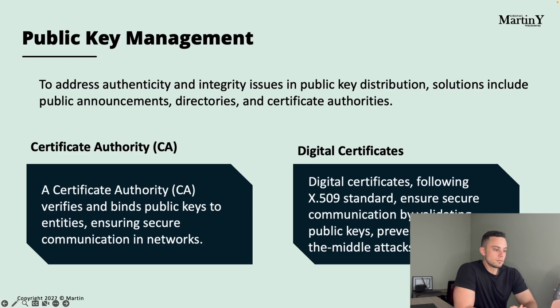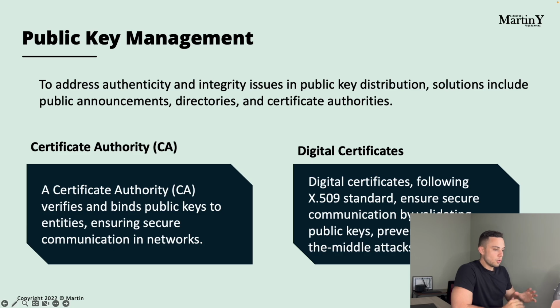For example, we can have a public announcement of all the public keys of all the devices. We can also have a public directory that is trusted, and everybody can go to this directory and check the public keys of all devices. But this is all incorporated in the certificate authority.